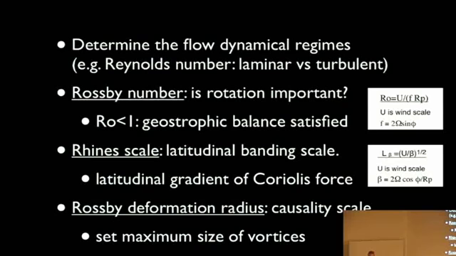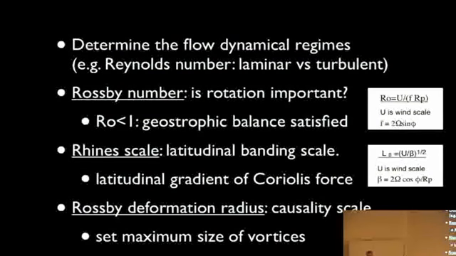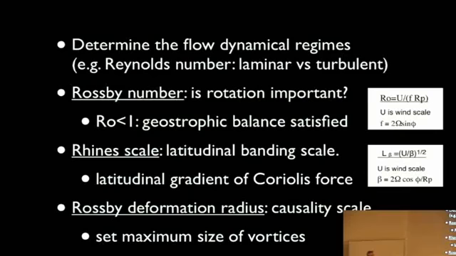Three numbers of interest for atmospheric flows are the Rossby number, the Rhines scale, which is actually a dimensional scale, but if you scale it by the planetary radius, you get a dimensionless number, and the Rossby deformation radius, which is also a scale with some unit like meters, but again, if you scale it by the planetary radius, you get a dimensionless number.